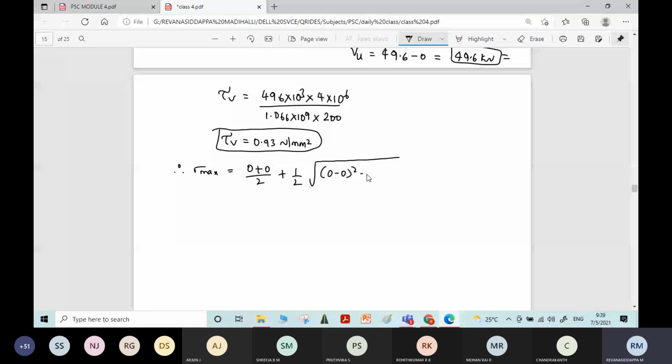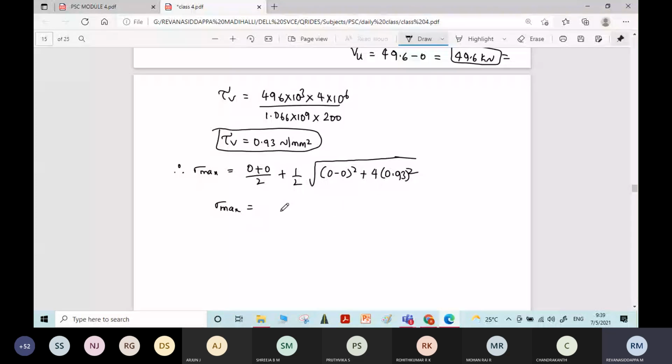Tau v is 0.93 square. I think you'll get the same value, whatever that value is there. Okay. You'll get the same value, right?